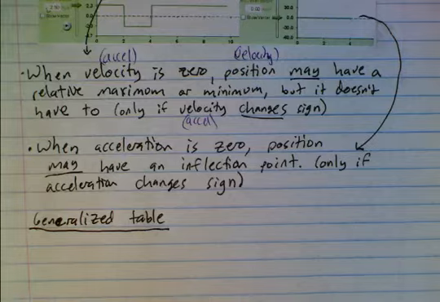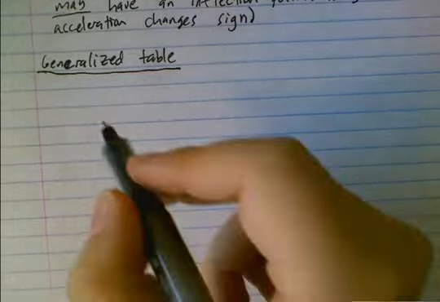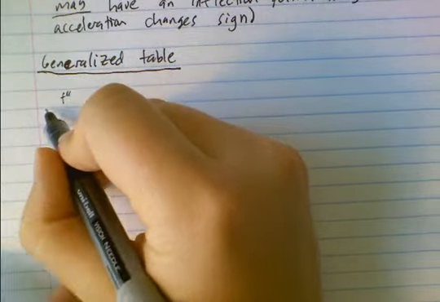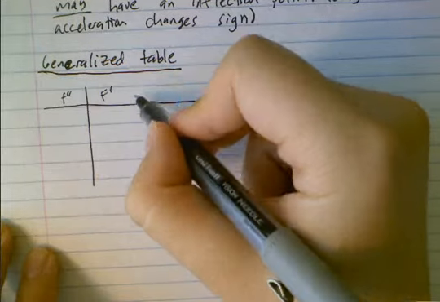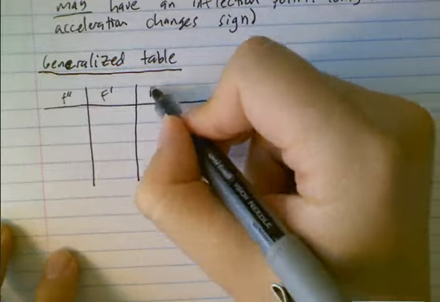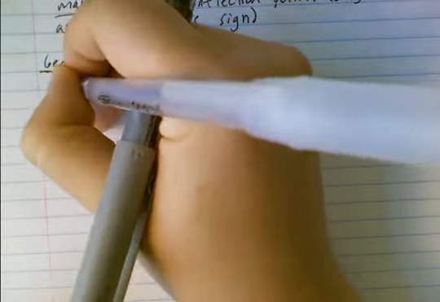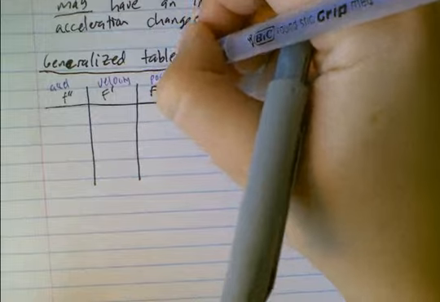So this is just going to be a shorter version of the original table that we figured out. This is f double prime, f prime, and f. And remember, this corresponds to acceleration, velocity, and position.